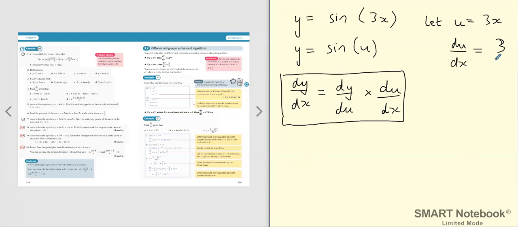That's good. I've got dy by du. If y equals sine u, what is dy by du? I know when I differentiate sine x, I get cos x. If I differentiate sine u, I'm going to get cos u.